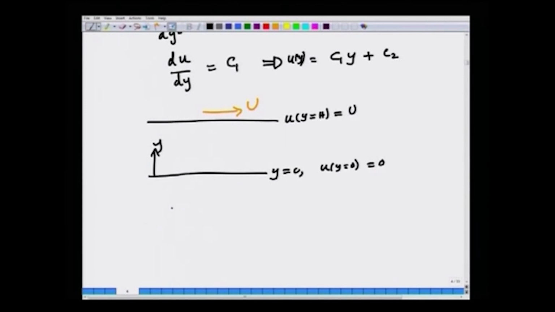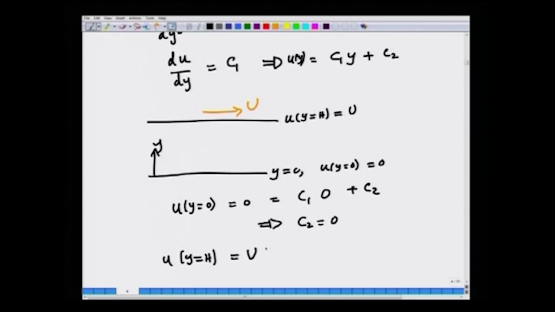So, this means that u at y equal to 0 is 0, which implies C1 times 0 plus C2, which implies C2 is 0. U at y equals h is capital U, which implies that capital U is C1 times h, or C1 is U divided by h.